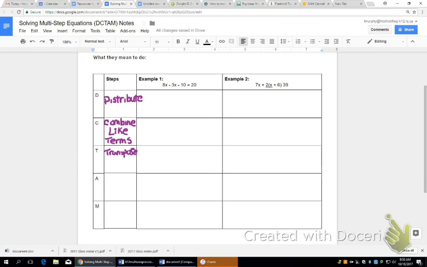The A tells us to use the additive inverse, so add or subtract. And then the M tells us to use the multiplicative inverse, which means to multiply or divide.